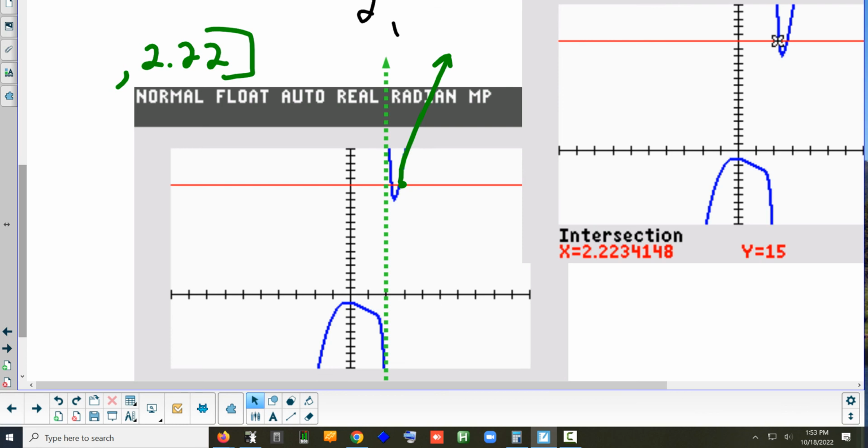So how far to the left does that blue line in this section go? 2.001. Yeah, it goes right up to 2, not including it. So the part that's above 15 is between 2 and 2.22.